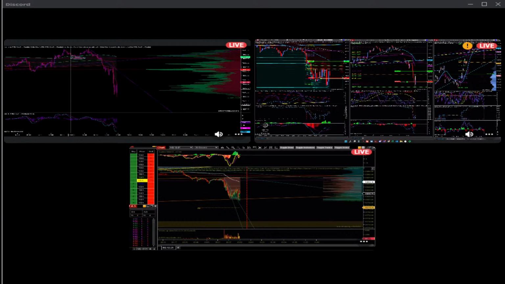Possible inverted head and shoulders on the 30-second or 1 minute here. Yep, could be. Sip.